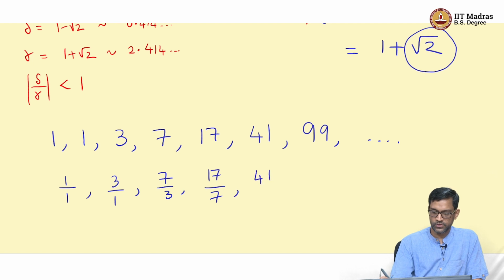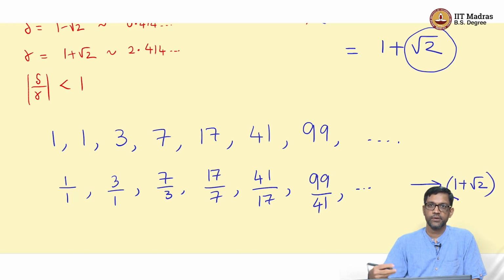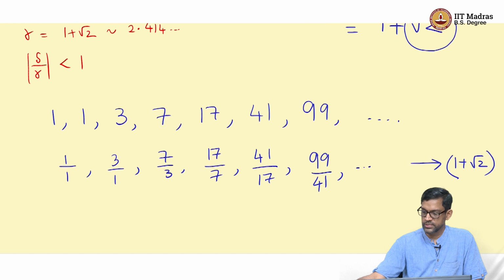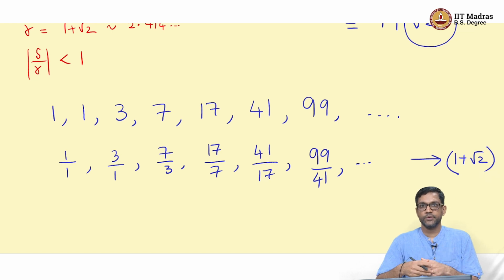What you get is a sequence of rational numbers which has a limit 1 plus square root 2. So if you were trying to approximate square root 2, what you could do is just take each of these rational numbers and subtract 1 from these. Okay, so you would get a sequence of rational numbers converging to square root 2. So this is one way of maybe getting some quick approximation to the square root of 2.